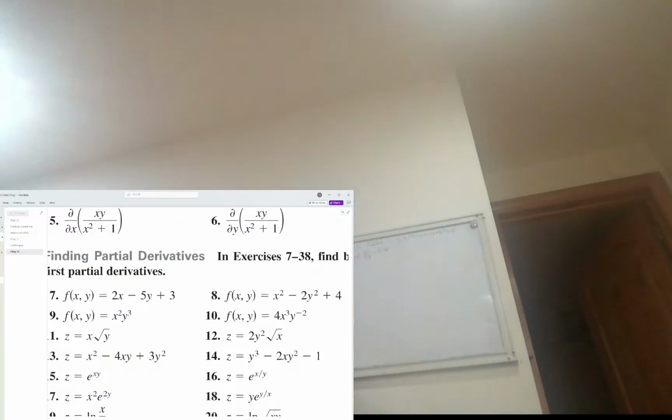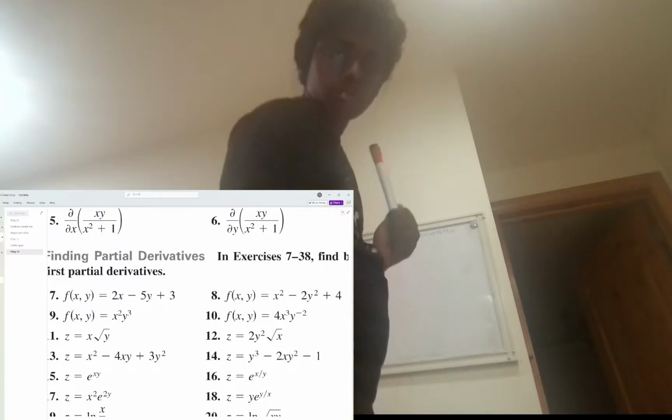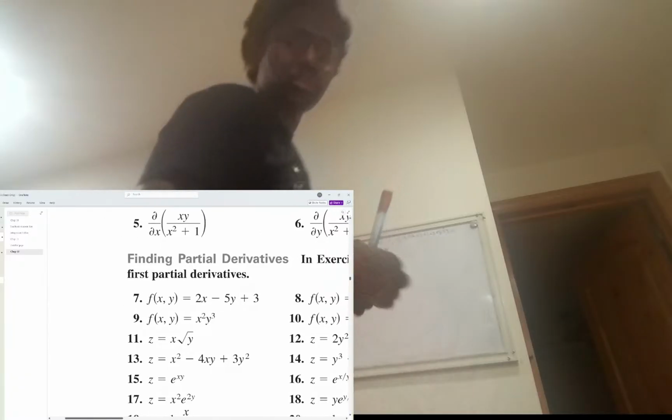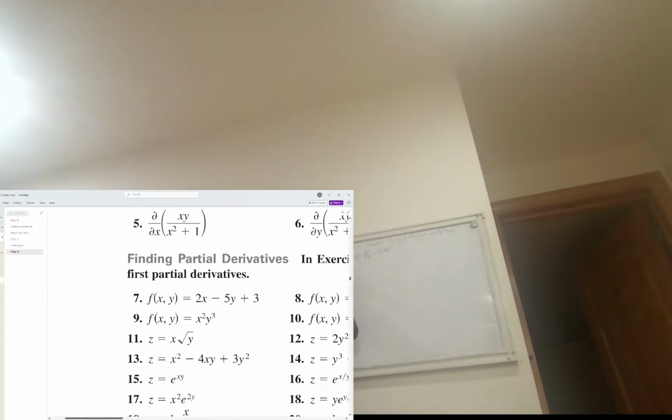11. z equals x squared root y. If z equals x square root y, then dz/dx is going to be square root y, while dz with respect to y, it actually isn't a d, it's delta.